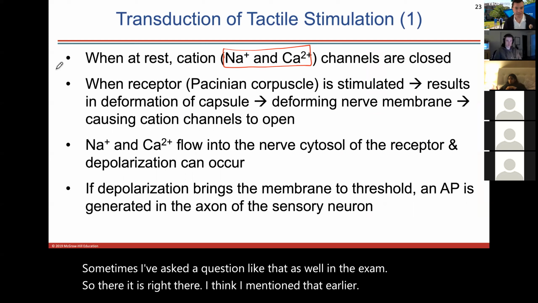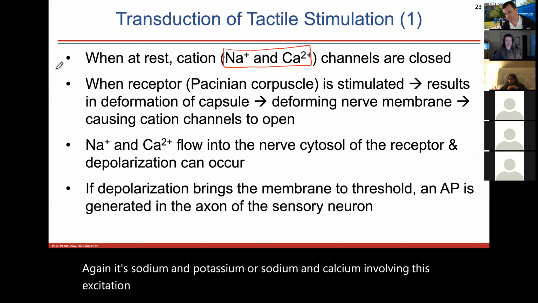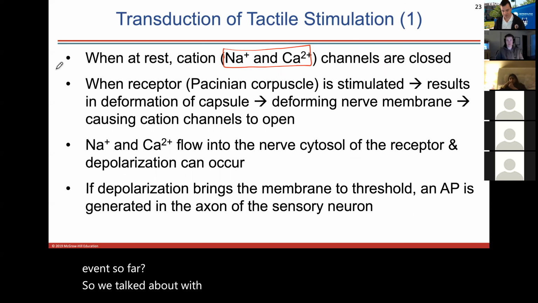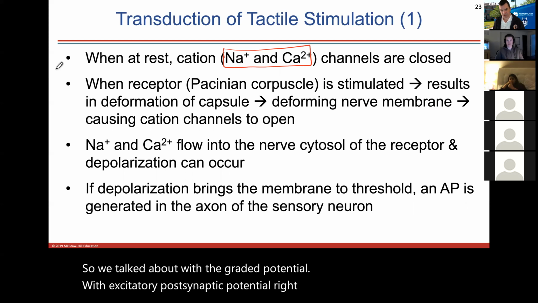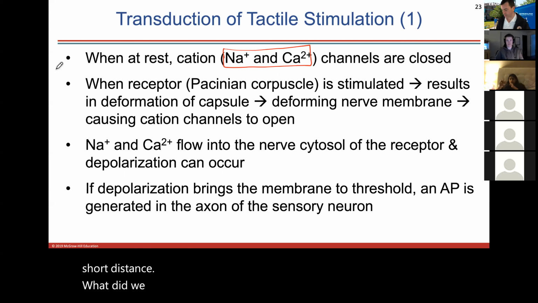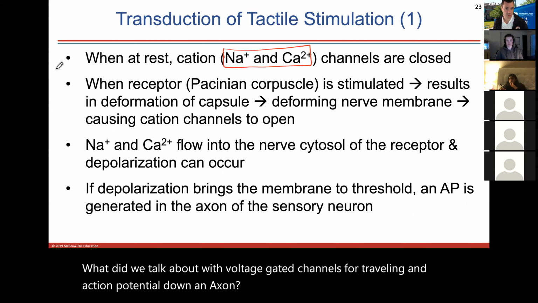Again, it's sodium and potassium, or sodium and calcium involving this excitation event. Isn't it always sodium and calcium with an excitation event so far? We talked about the graded potential, with the excitatory postsynaptic potential, right? Sodium rushes in and it travels a short distance. What did we talk about with voltage gated channels for traveling an action potential down an axon? Sodium voltage gated channels open up, right?